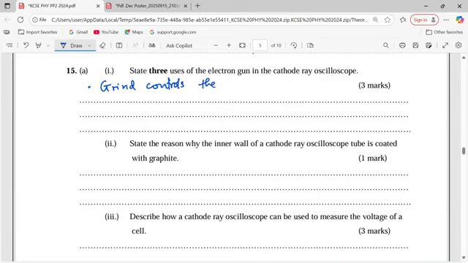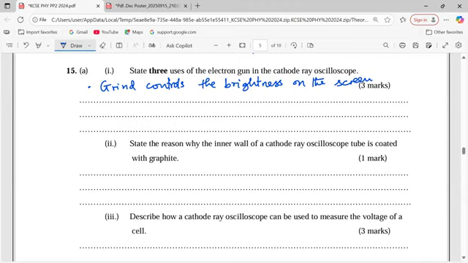You can go direct to the role and say that the electron gun controls the brightness on the screen. This is a simpler way of saying that it controls the intensity of the electron beam that strikes the screen. When the grid is made more negative, or rather less positive, we have less brightness.